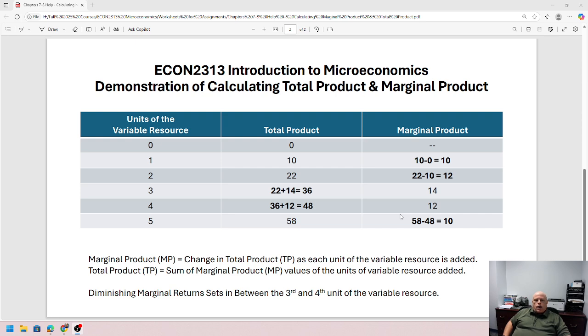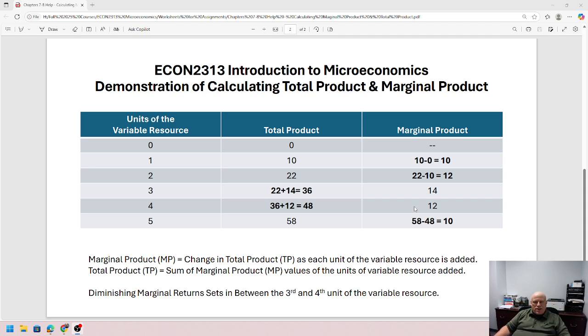Okay, if you remember from what you learned in chapter 8, it talks about the law of diminishing marginal returns, and so we need to know where it sets in. Between which units it sets in when we look at this table. And of course, you're going to need to do it on the table that you complete for the assignment question.